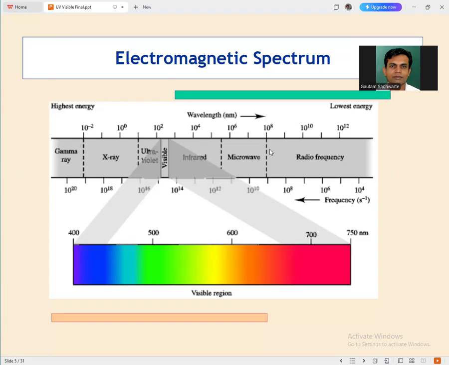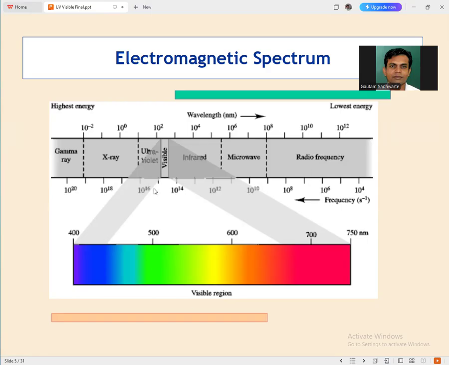And the last one is radio frequency, where the wavelength is from 1 centimeter up to hundreds of meters, given in the form of meters.